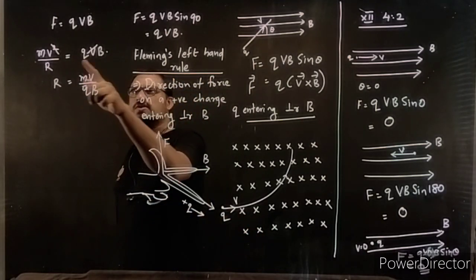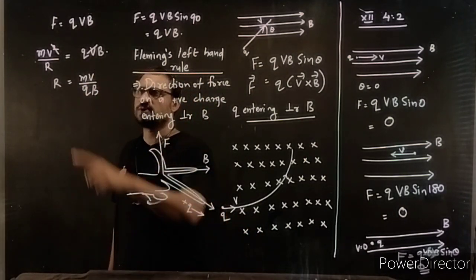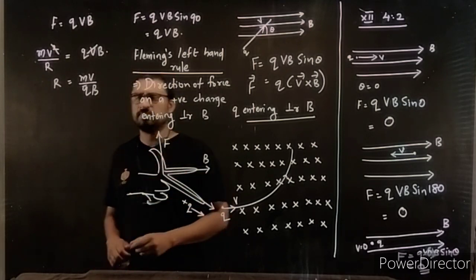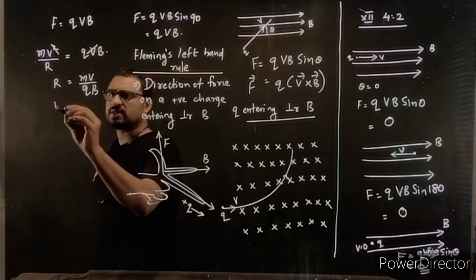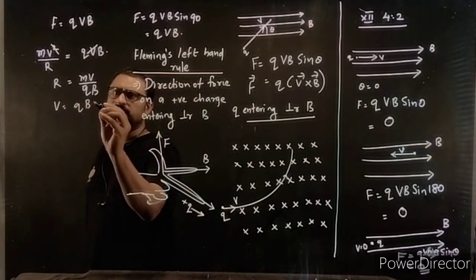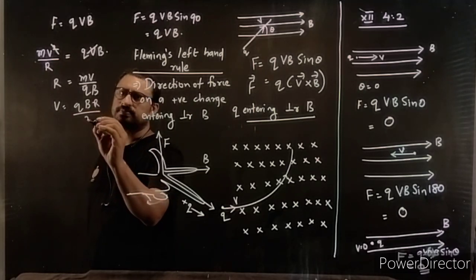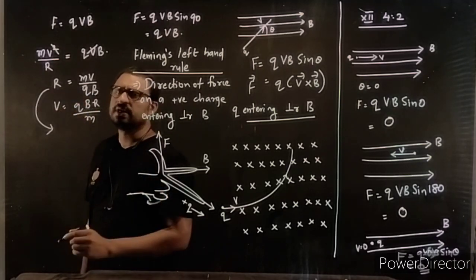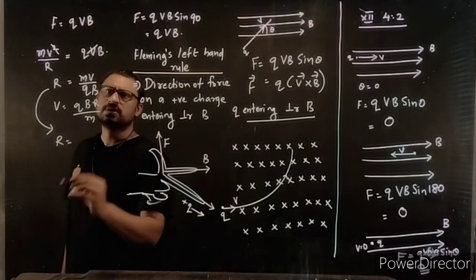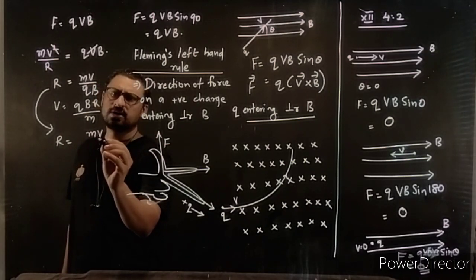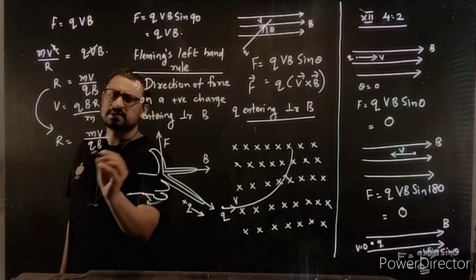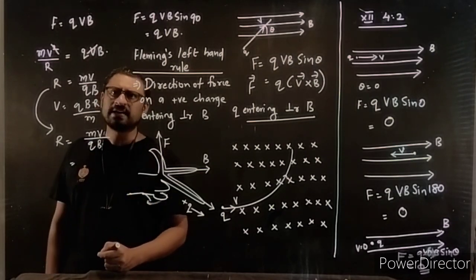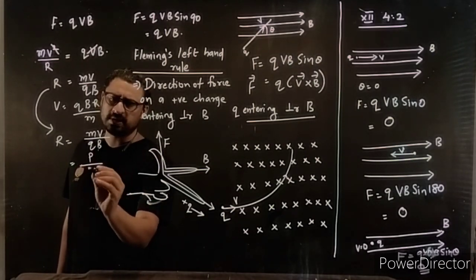The centripetal force is provided by the magnetic Lorentz force, so R equals mv by qB, or also velocity is equal to qBR by m. If you take again this equation, radius is equal to mv by qB, and this mv is momentum, so it can be p by qB.